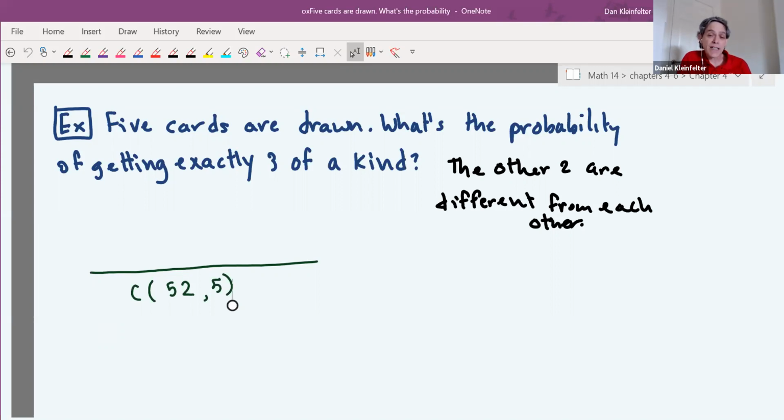We have to decide on the rank of that triplet, and there are 13 choices there. So let me make a note: there are 13 choices for what our 3 of a kind are. Is it going to be 3 sevens? There are 13 choices of what that's going to be.